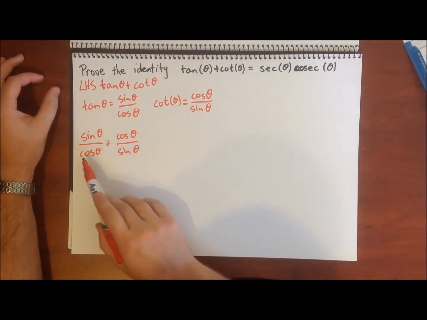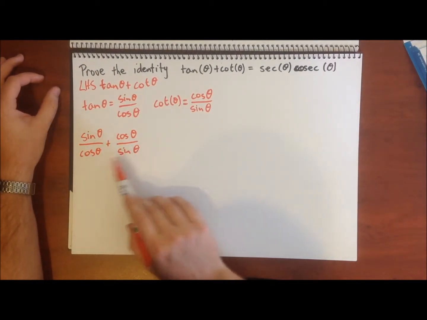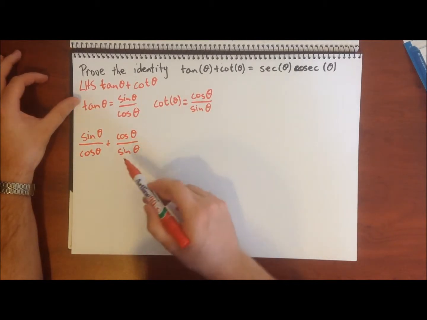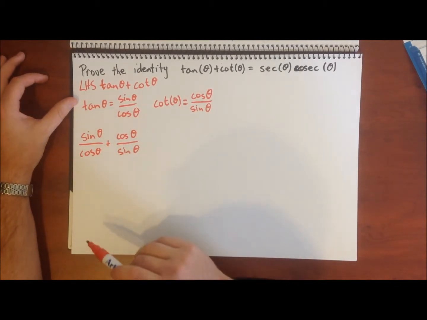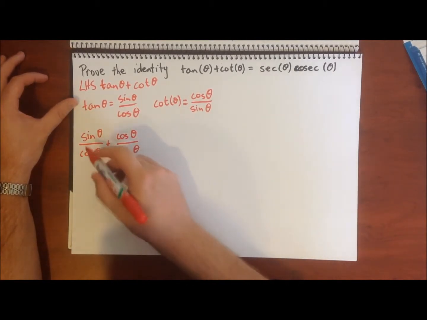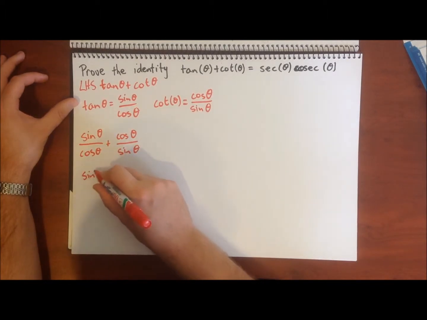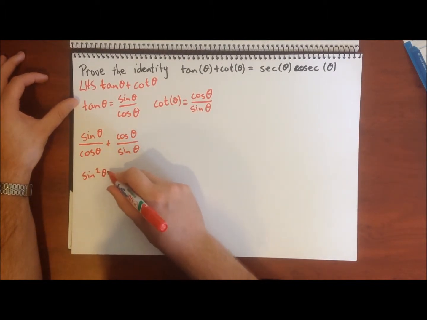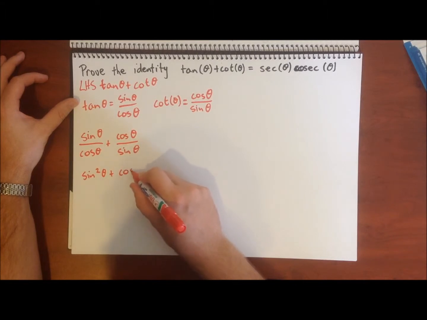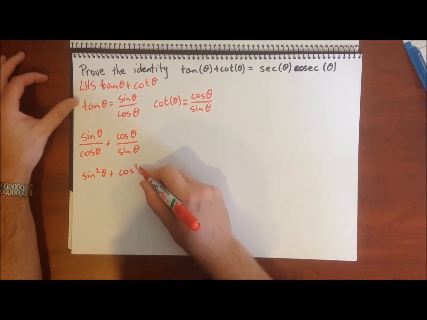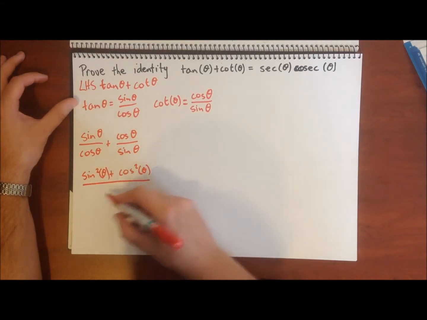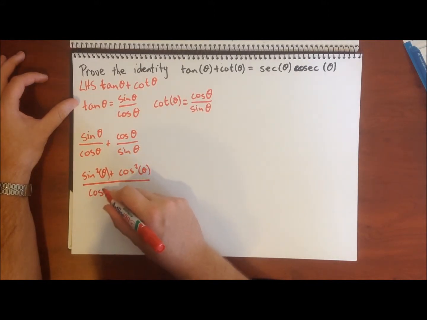A common denominator is going to be when we're multiplying these two together, and then we've got to cross multiply as well. So we end up with sine squared theta plus cos squared theta over cos of theta sine of theta.